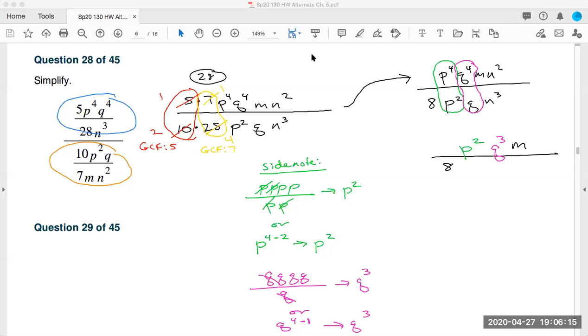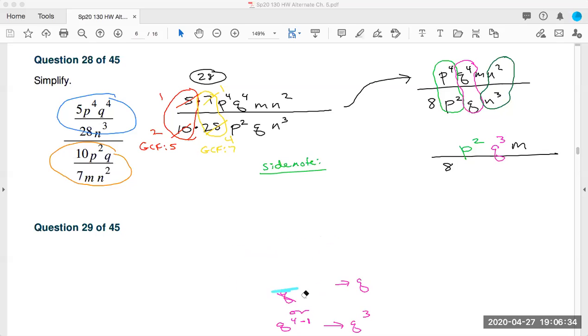And then the last one that we have here is, what color? The n's. Okay, so let me erase these side notes here. This is actually a good one to show both ways.